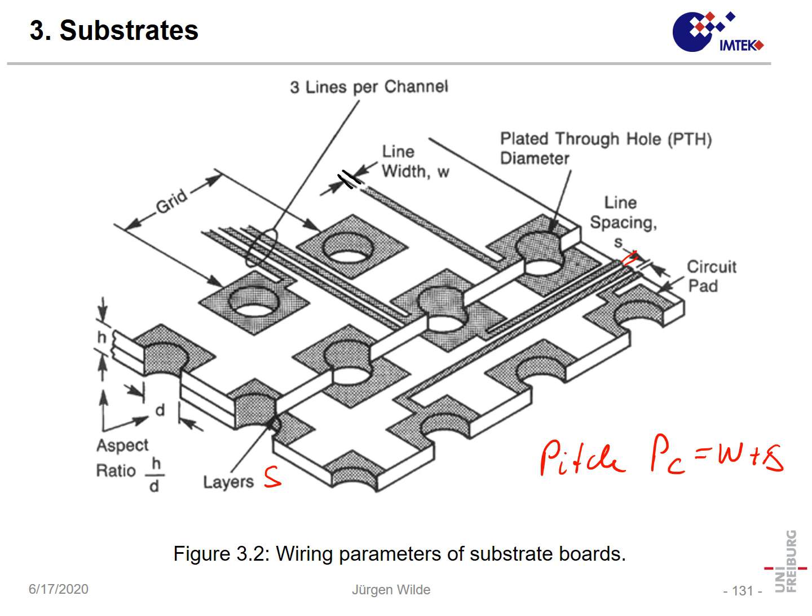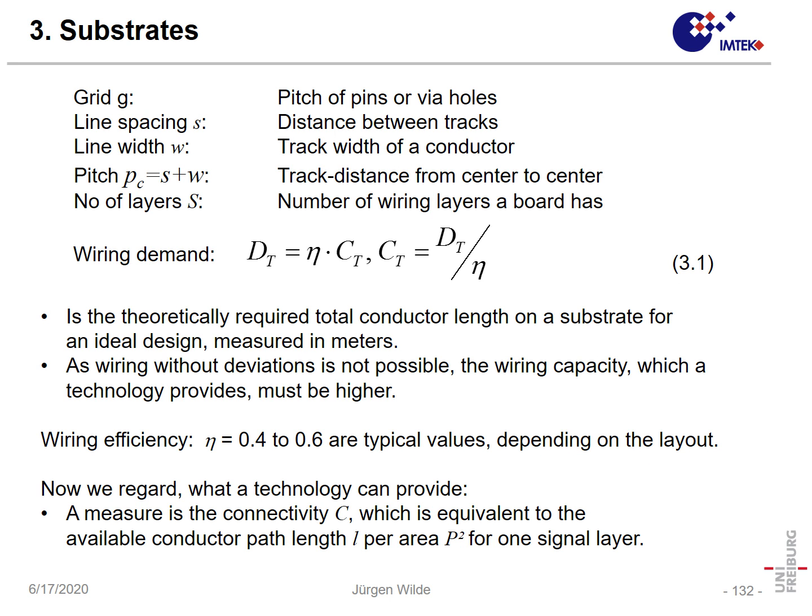Here in our lecture we denominate this as capital letter S. Okay, so we can see we have the grid, we have the line spacing, we have the line widths, both make up the pitch, and that's what we can see on a typical board.